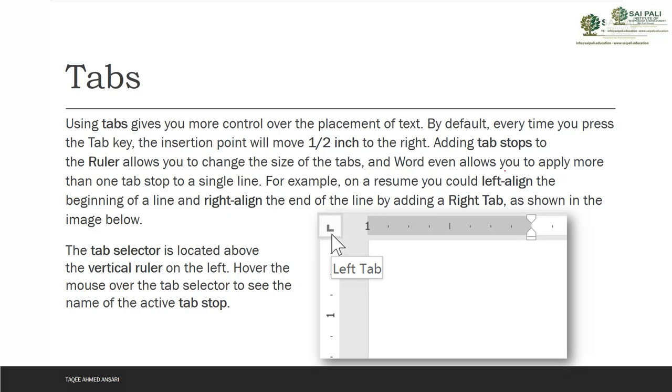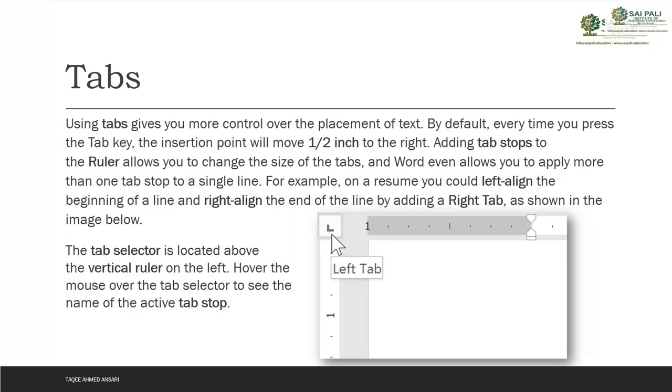And Word even allows you to apply more than one tab stop to a single line. For example, on a resume, you could left align the beginning of the line and right align the end of the line by adding a right tab. As shown in the image below, you can see there is a left tab or right tab.